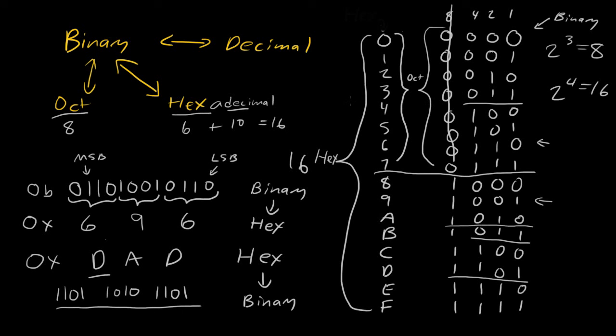So I'm kind of out of space. Let me just do this separately. So we did binary to hex and hex to binary. So let's take a look at binary to octal. If we have binary and octal, we say 0, 1, 2, 3, 4, 5, 6, 7.